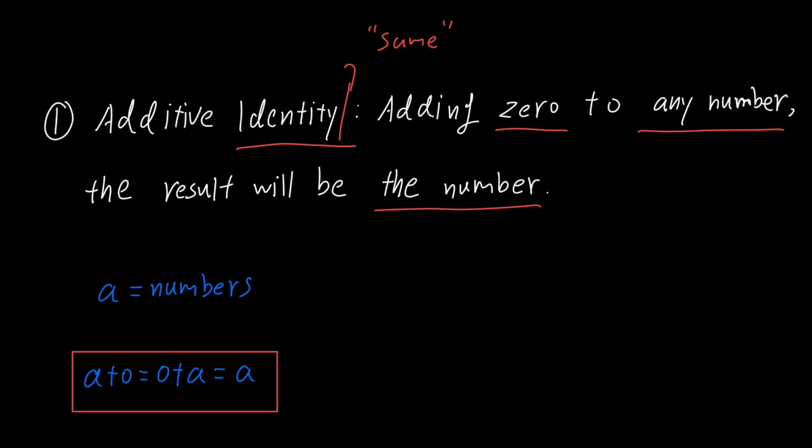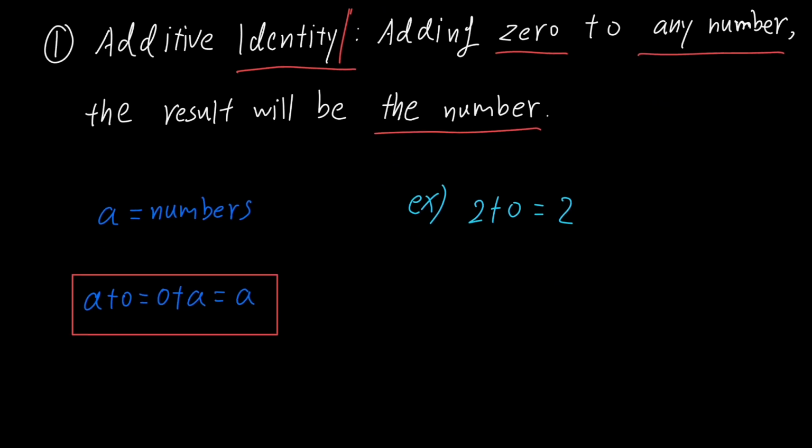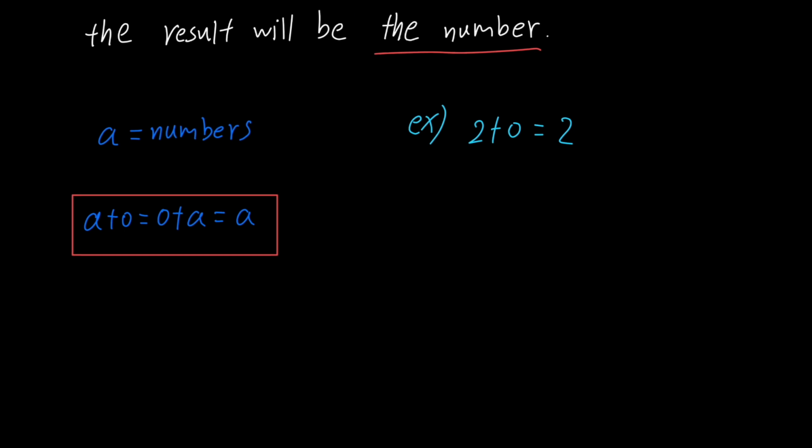For example, this is pretty simple, right? 2 plus 0 will still be the 2, the number. Now, if I use 1 times 100, it will still be 100. What if I use 100 times 1, it's still 100.